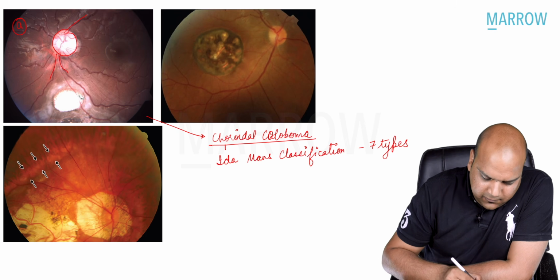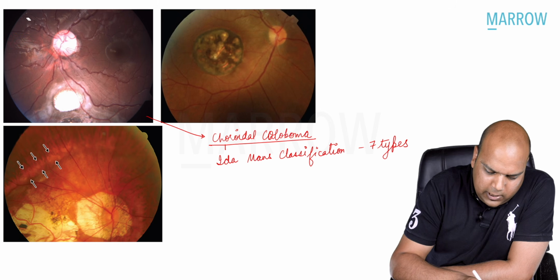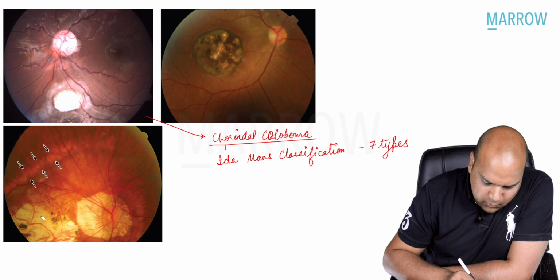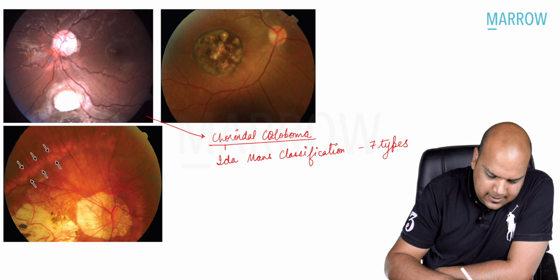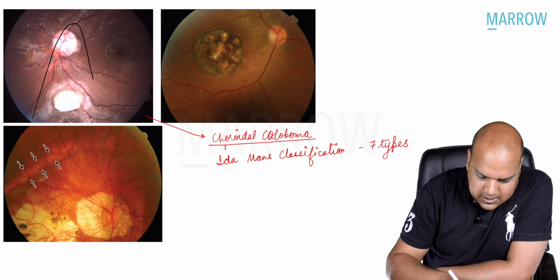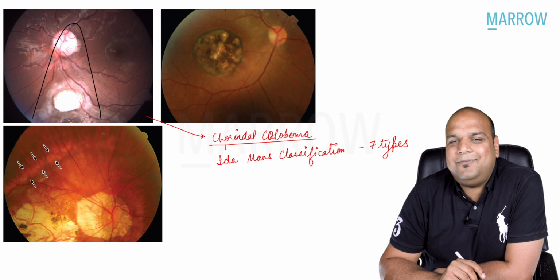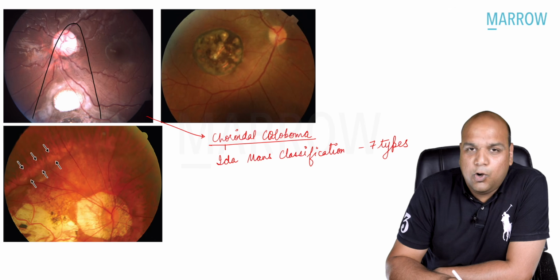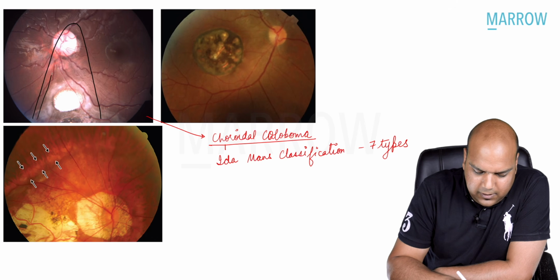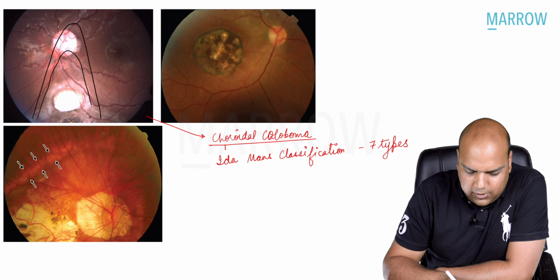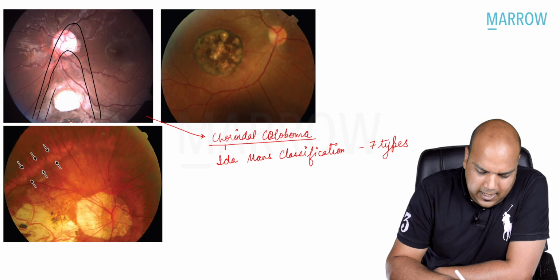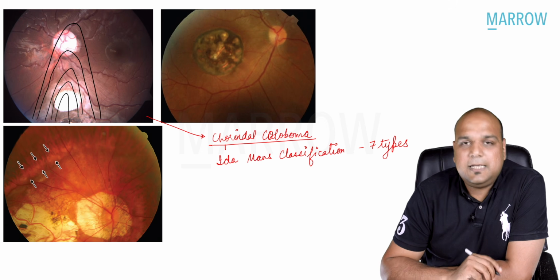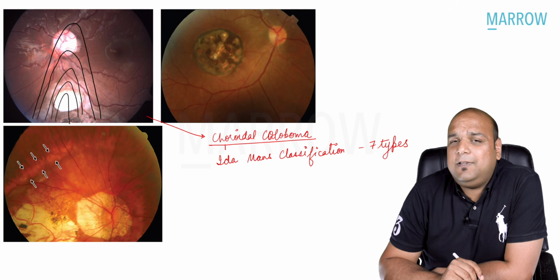Type 1 is the most dangerous, I can say. This much part of the whole fundus will be colobomatous or deficient, not formed, everybody. Yes, it will also involve the optic disc. Type 2 will come to the inferior border or the inferior margin of the optic disc, and so on. It will keep on decreasing, everybody. We don't need to go into the details of the classification.